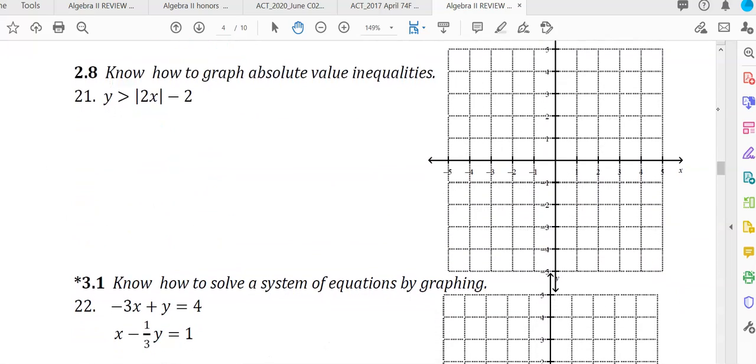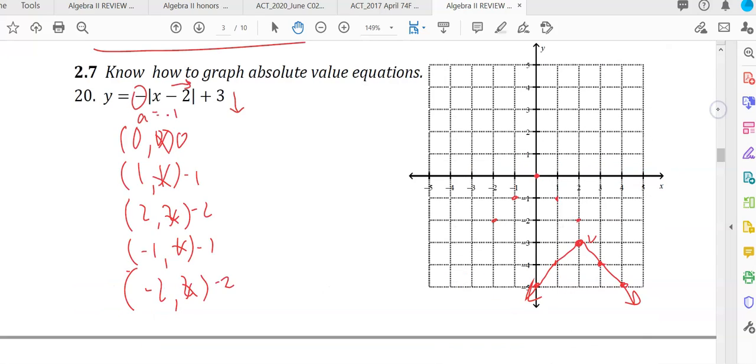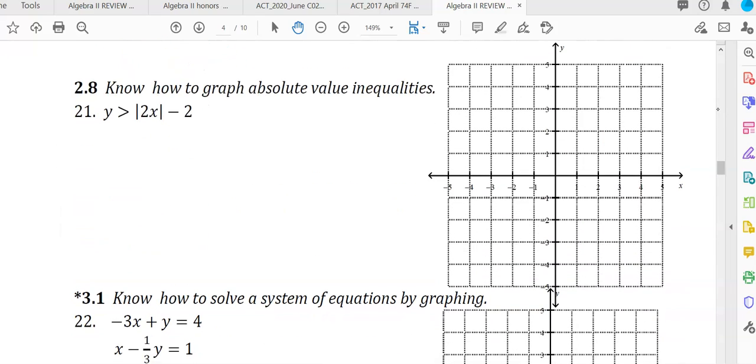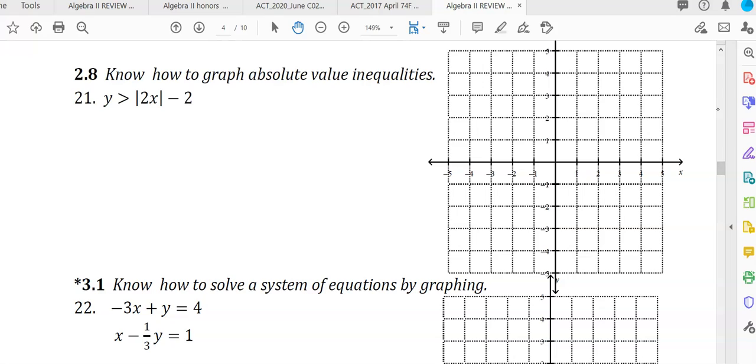Absolute value inequalities. So again, if you know your points, you get an a value of 2 there. So 0, 0. 1, 1.